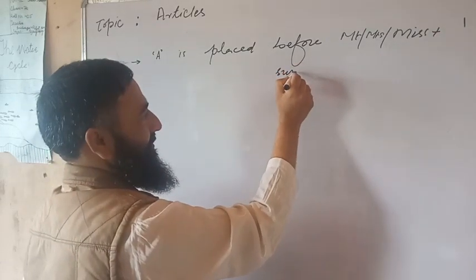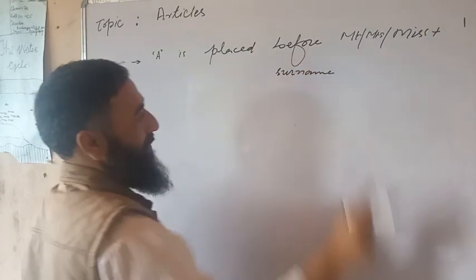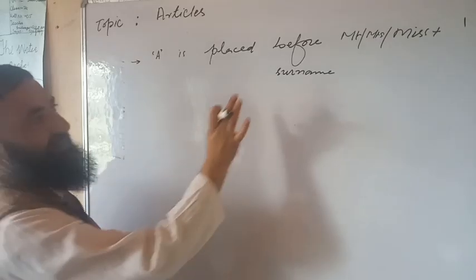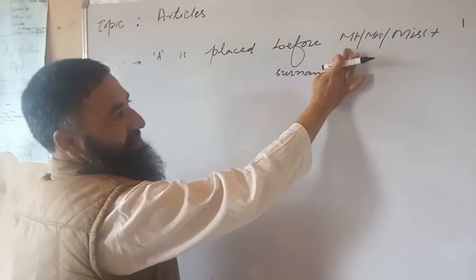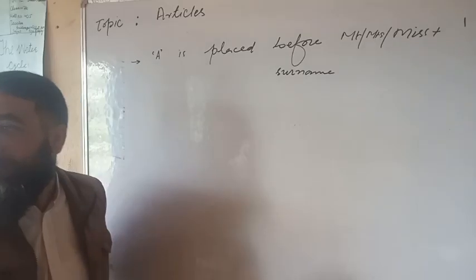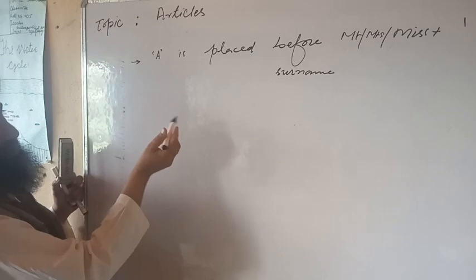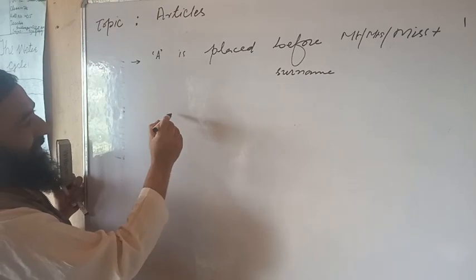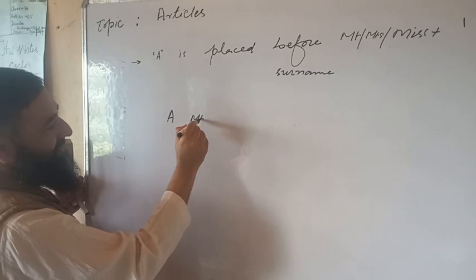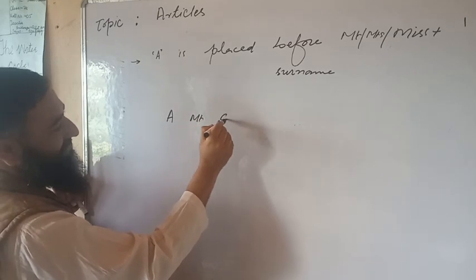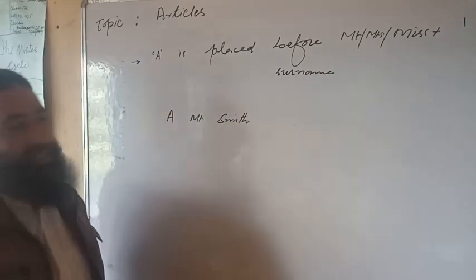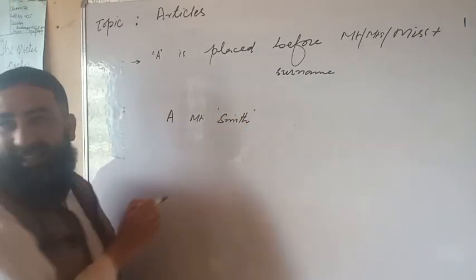Surname means family name. If the structure is like this, Mr or Mrs or Miss plus surname, let us quote some examples. For example, a Mr. Smith. This Smith is the surname.